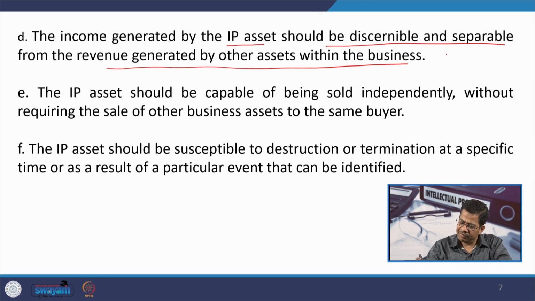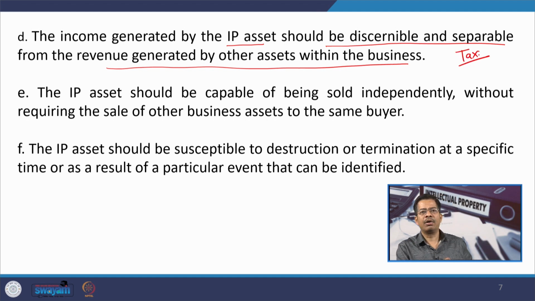Particularly if you have a franchisee business and you are giving your trademark to your franchisees, there will be a royalty component coming from them, and there will also be income from the business. So, there may be two streams of revenue: royalty because of use of the trademark, and income from the business. These are separate sources of revenue, and therefore, tax implications are also separate. So, you should have these things very clear in your mind.